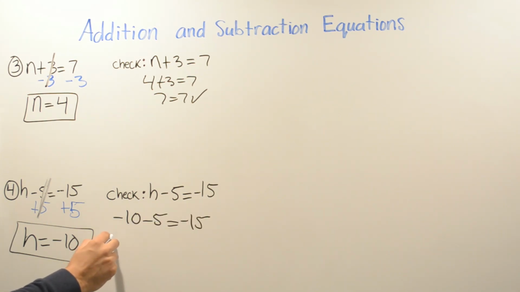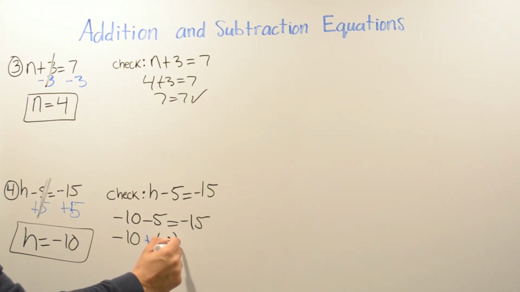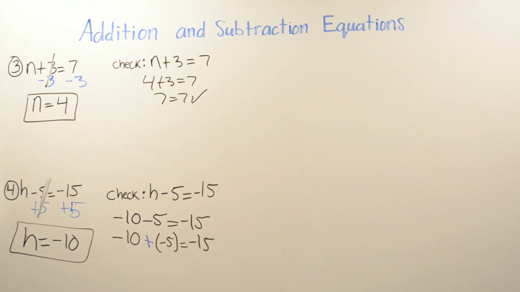Remember, we're going to switch this negative into a positive, and then turn this into negative 5 equals negative 15. So then we have negative 10 plus negative 5, two of the same signs. It's going to be negative 15 equals negative 15. So we know that our answer is correct.